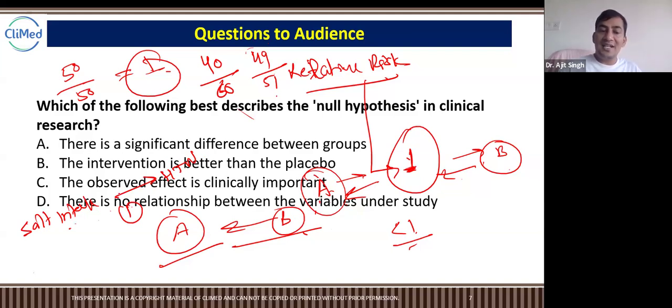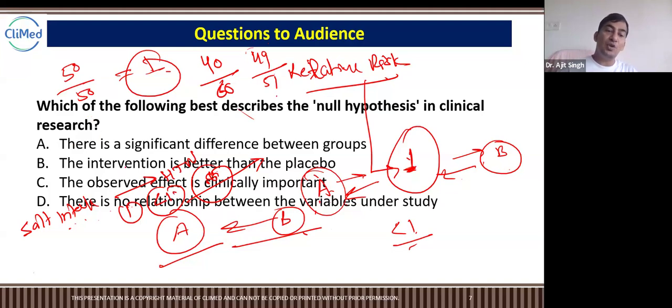If the relative risk is less than one, like 0.8, that means salt intake is protecting from the hypertension. If the relative risk is less, that means there is negative impact. Negative impact means the salt intake is not causing the hypertension, but protecting from it.